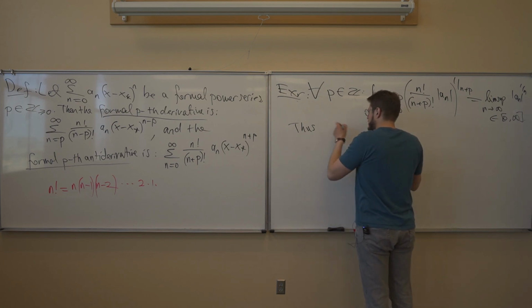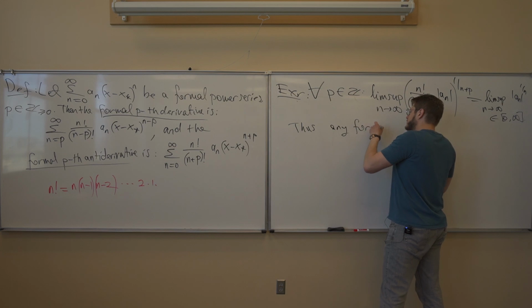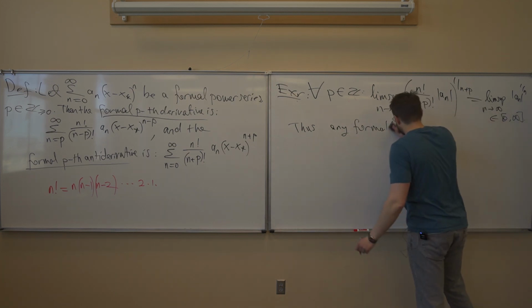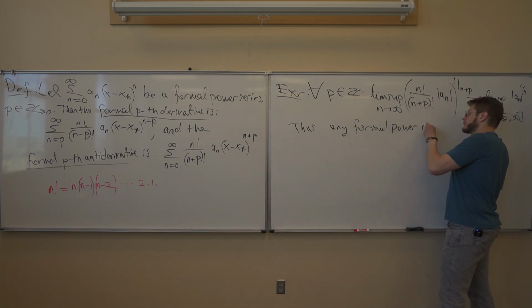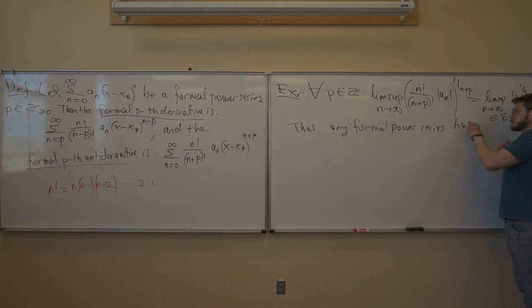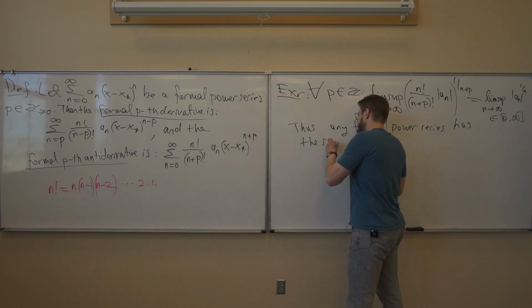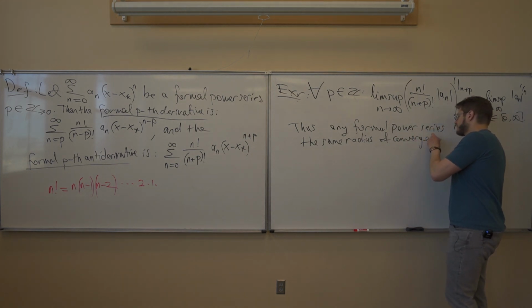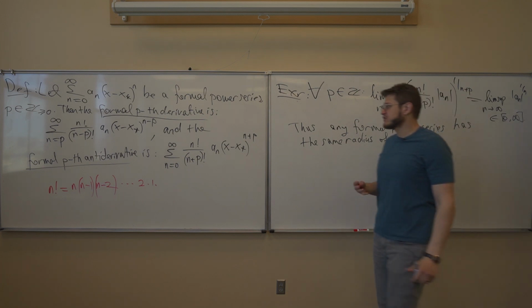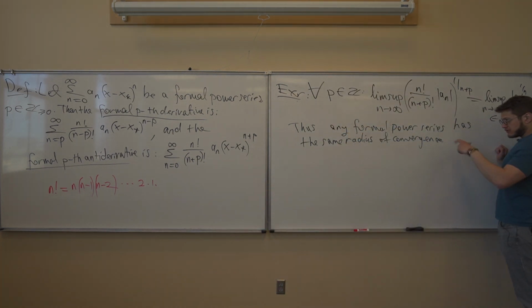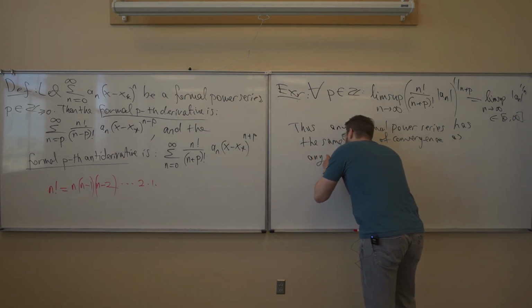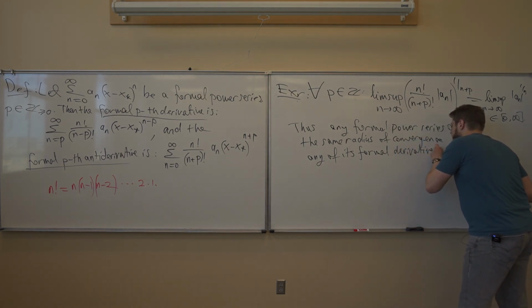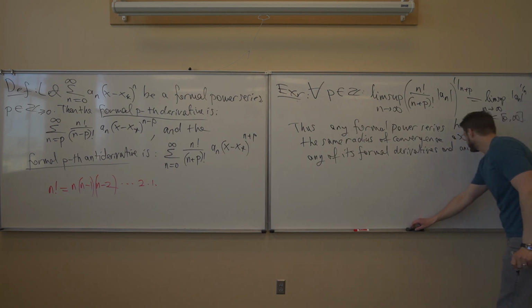How to say? Any formal power series has the same radius of convergence as any of its formal derivatives and any of its formal antiderivatives.